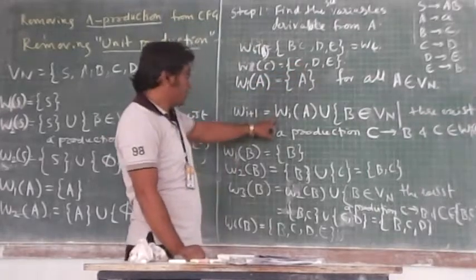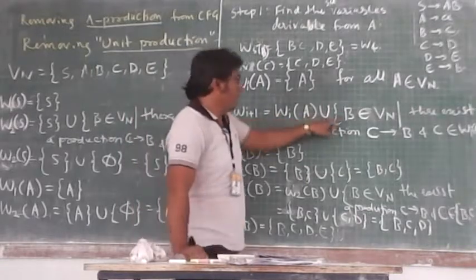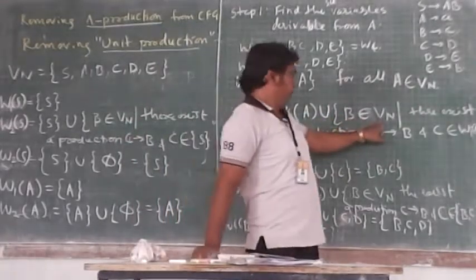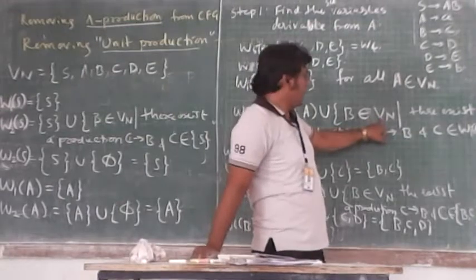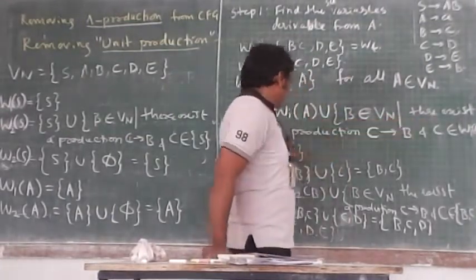So you can clearly see once again this W(i+1) is the previous W union such variables which belong to your variable set, such that there exists a production.